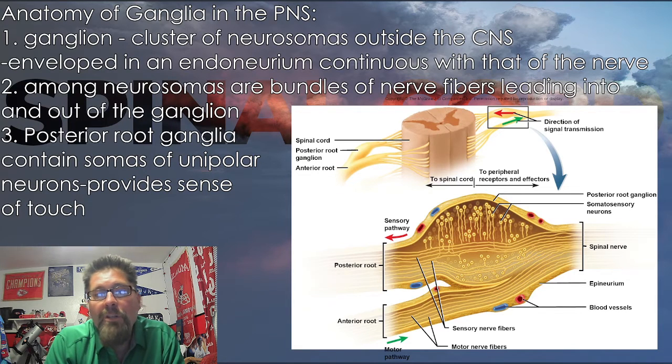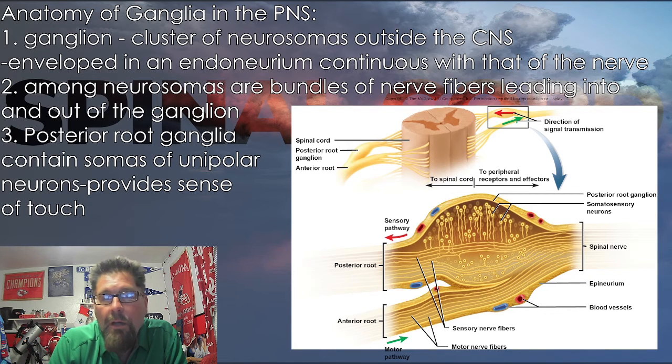All right, now to the ganglion. Ganglion is singular, ganglia is plural. But remember, this is the peripheral nervous system, meaning we have left the spinal cord. The ganglion simply refers to, if you look at the diagram beside me, the picture at the top where the nerve fiber splits into the anterior and posterior roots.